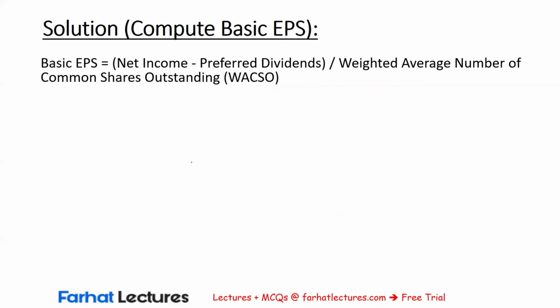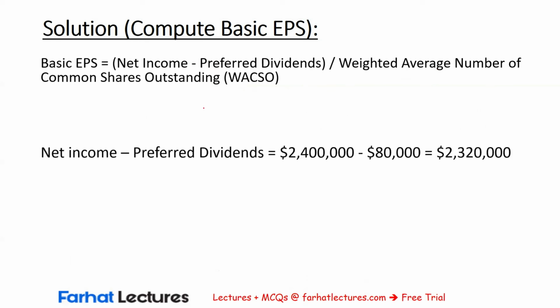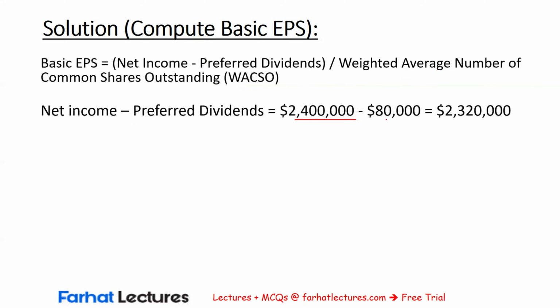We're going to start by computing the basic EPS using the formula: income available to common shareholders, which is net income minus preferred dividends, divided by the WACSO, the weighted average number of common shares outstanding. We have our net income of $2,400,000, and we need to compute the accumulated preferred dividends during the year, which is the $800,000 par value multiplied by the 10%, and it is 80,000.